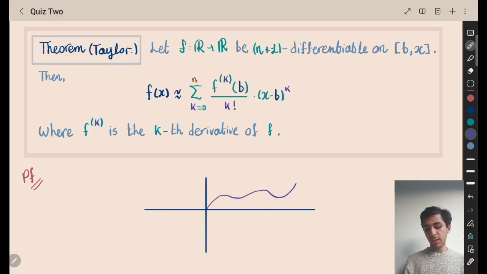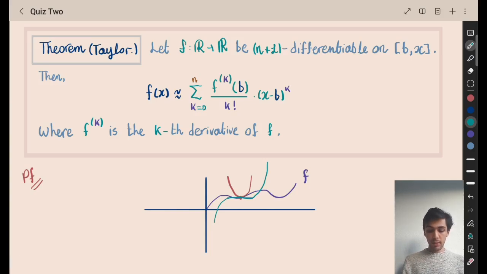That if you start with a function f, and you would like to approximate it using polynomials, for example, a polynomial of degree 1 or a polynomial of degree 2 or a polynomial of degree 3 or a polynomial of degree 4.